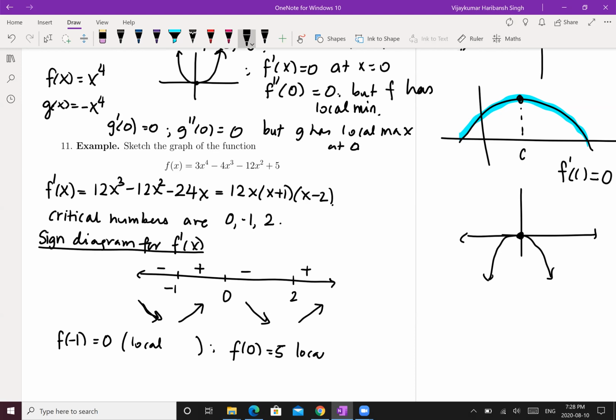So it's going to be a local min. f of 0 is a local maximum, and f of 2 is a local minimum. And not only that, we found out what these values were. So this value was equal to 0, this was 5, and this was minus 27.